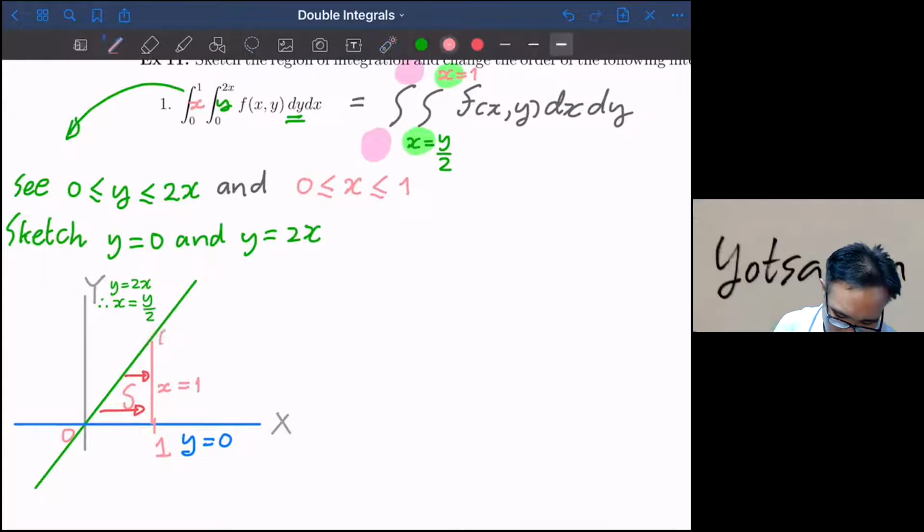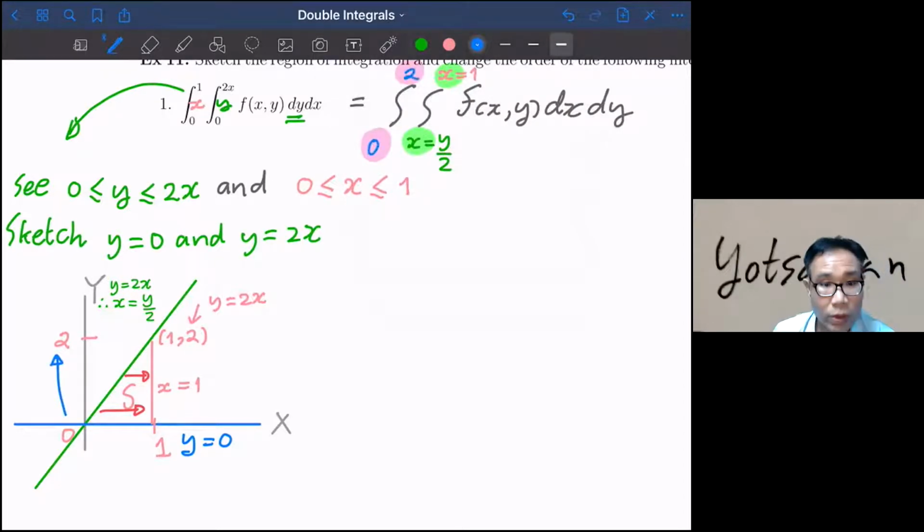It's going to be 1, and you have y equals 2x, so it's going to be 2. So this one corresponds to 2 on the y-axis. It's going to run from 0 to 2. So it's going to be x equals y over 2 to x equals 1.